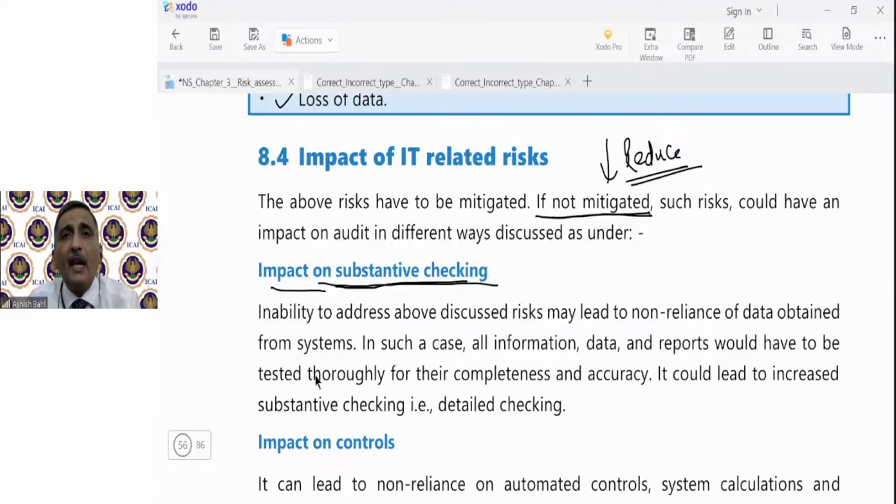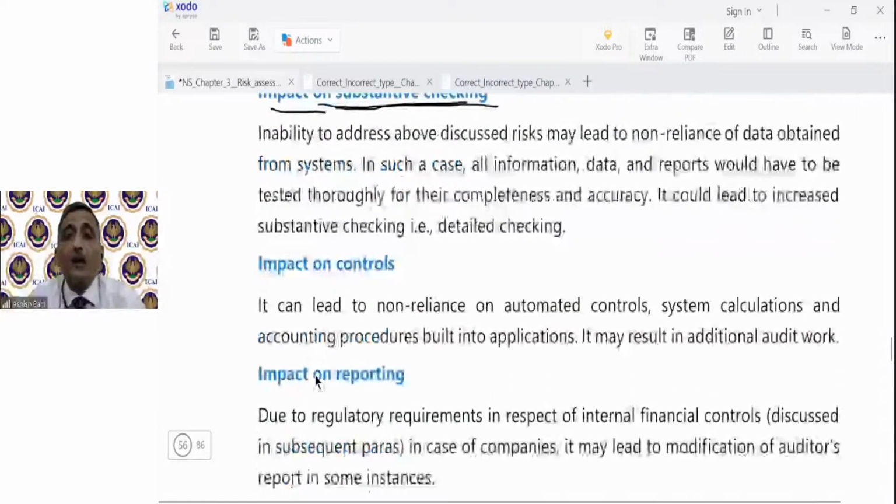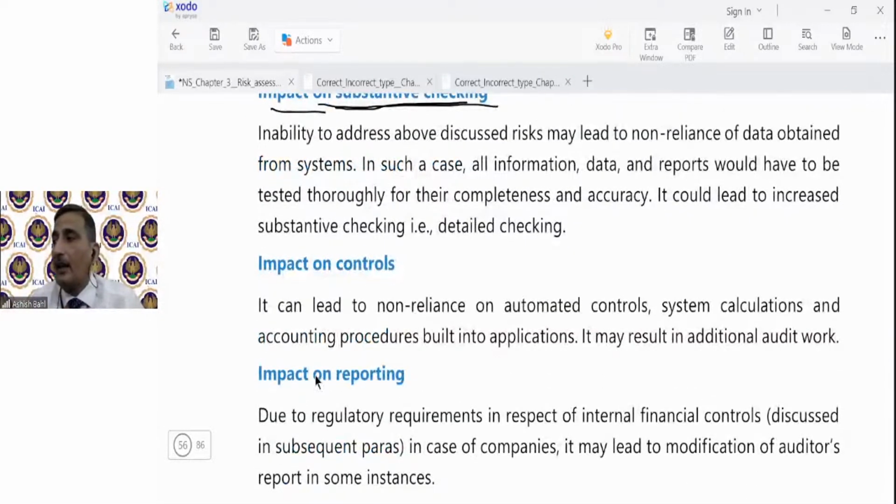He would not be able to rely upon the controls, and therefore he would have to increase his area of substantive checking. So therefore it is very important that such a risk is reduced, such a risk is mitigated. Okay, so impact on controls, this is also related to the first point.